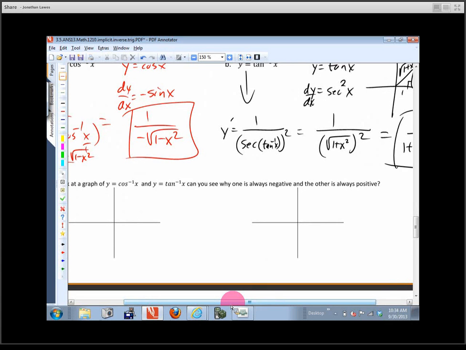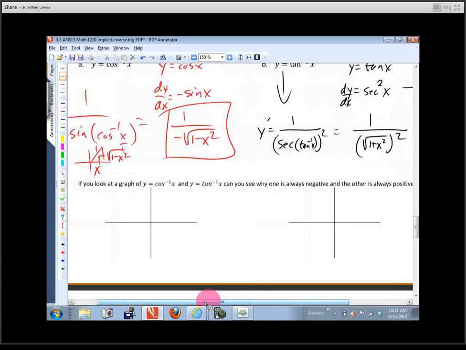Okay. So let's think about what these functions look like. Okay. Cosine, we restrict that like this. This point right here is, let's see, that's pi comma negative 1. And this point right here is, I'm going to draw it off to the side. That point right there is 0 comma 1.